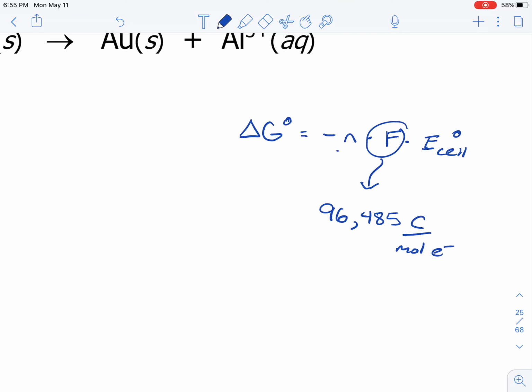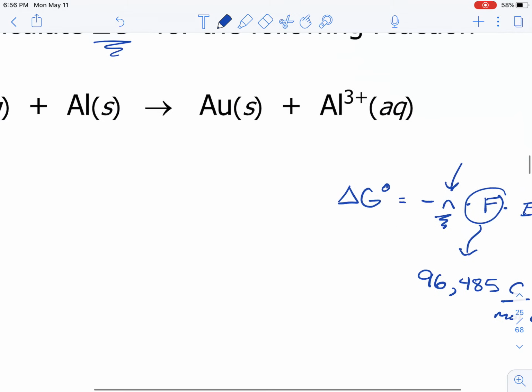Now, N is going to represent the number of electrons transferred during the course of the oxidation reduction reaction. And we can probably figure this out as we solve for the standard cell potential.